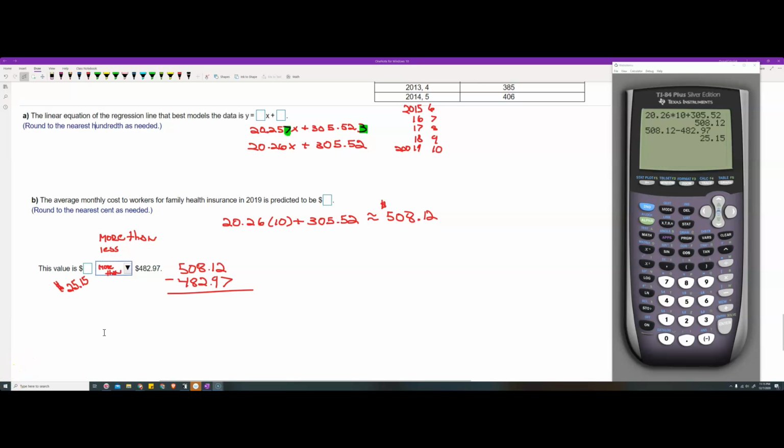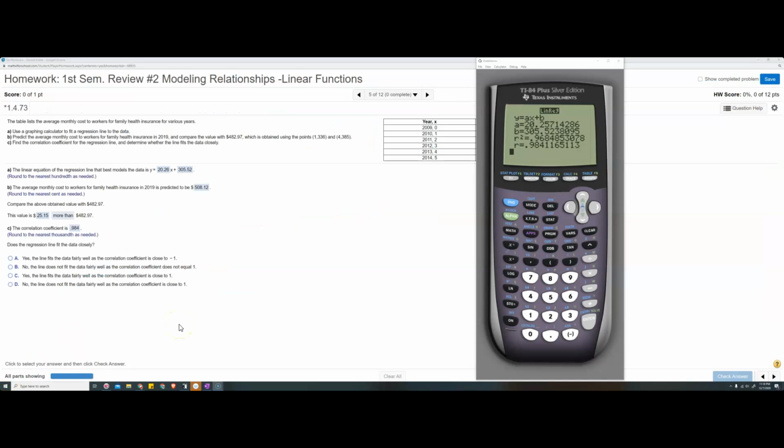So we end up with $25.15 more than the $482.97.